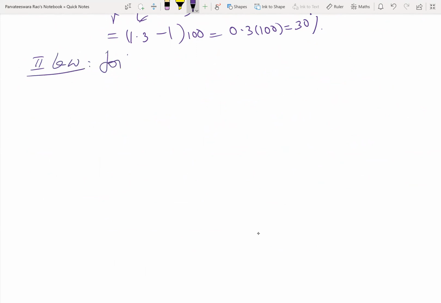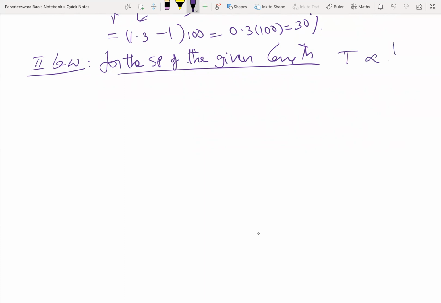For the simple pendulum of the given length, given length means length constant. Time period varies inversely as the square root of acceleration due to gravity.